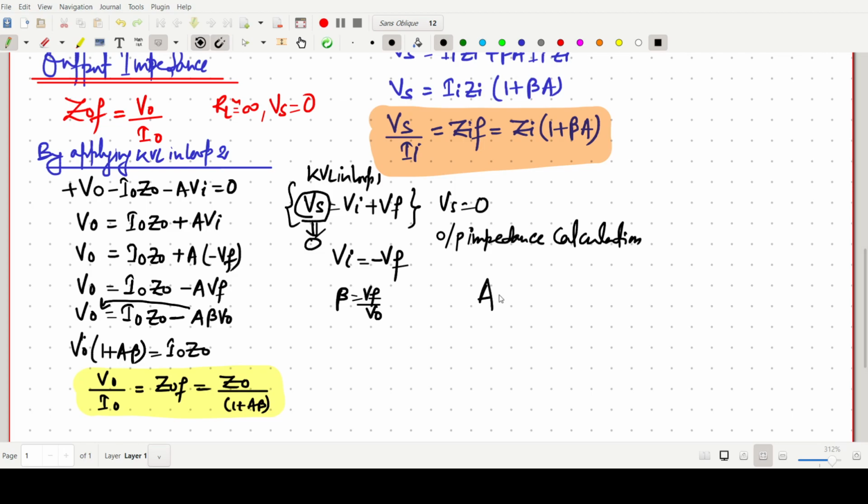So we have already derived all the basic things. The very first one, the gain with feedback AF, that is our V naught by Vs, is A by 1 plus A beta.